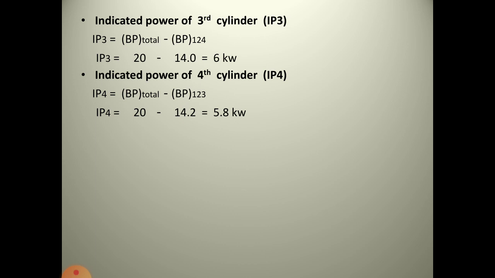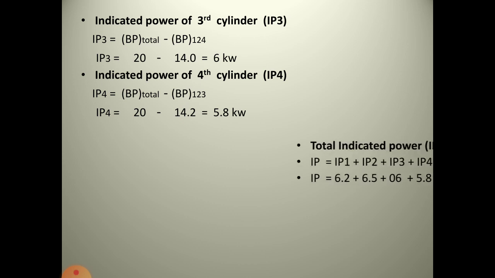Last, when cylinder number 4 is cut off, the indicated power of the fourth cylinder is 5.8 kilowatt. In this way we have calculated the indicated power of each cylinder.